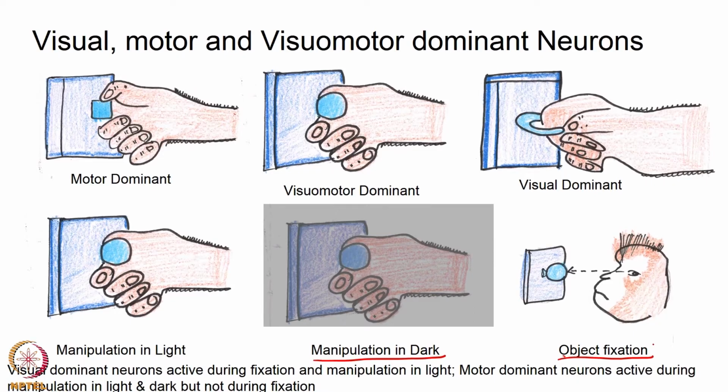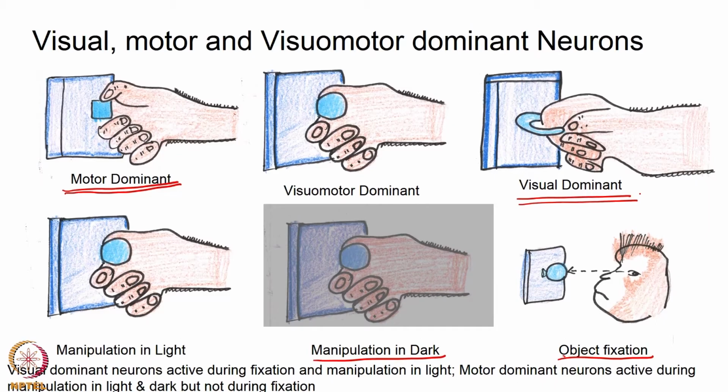Now, there are also neurons that are specialized for each of these functions or more than one of these functions. For example, some neurons may be motor dominant. These neurons will be active during manipulation, whether during manipulation in light or manipulation in dark. Some neurons will be visual dominant.